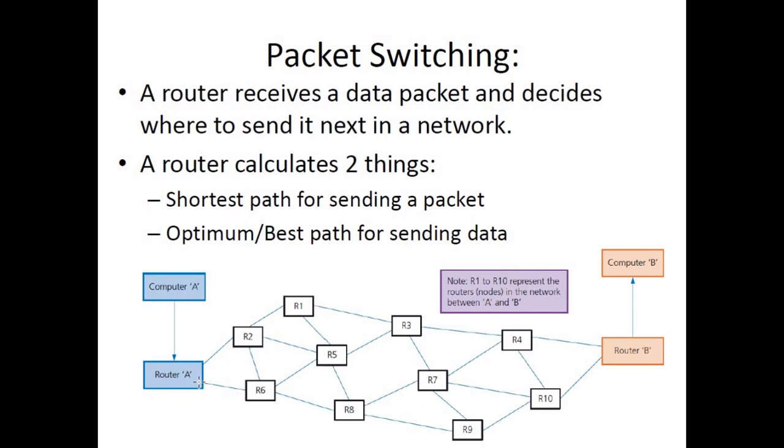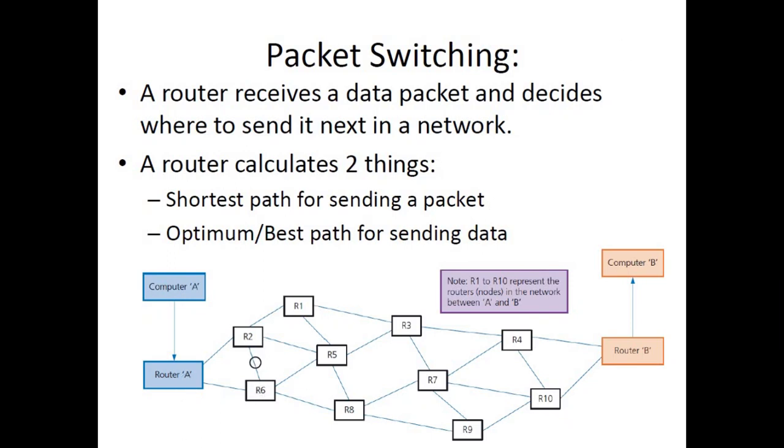It calculates a possible path from where the data packet can travel inside a network and how it can reach its destination. A router calculates two things: the shortest path for sending a data packet.